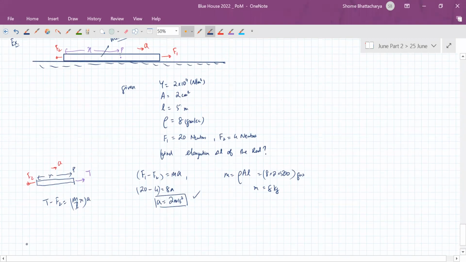So from this you will get that the tension at any point at a distance x is F2 plus this tension is 4 newtons plus 16 by 5 into x.